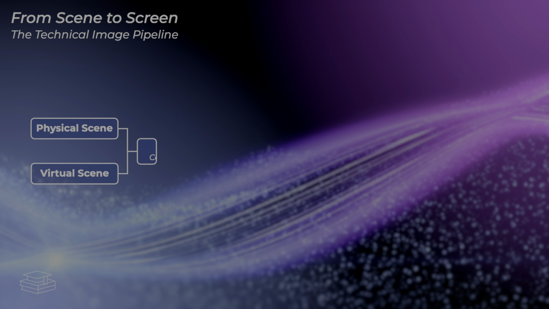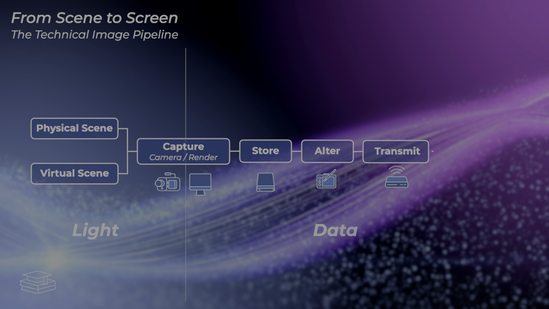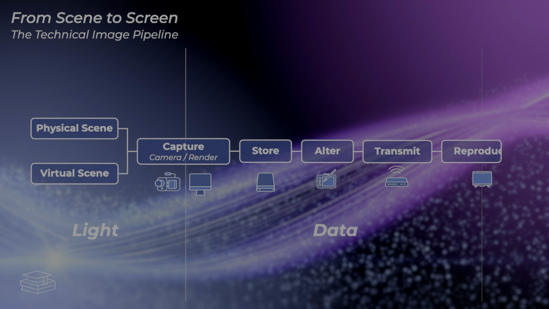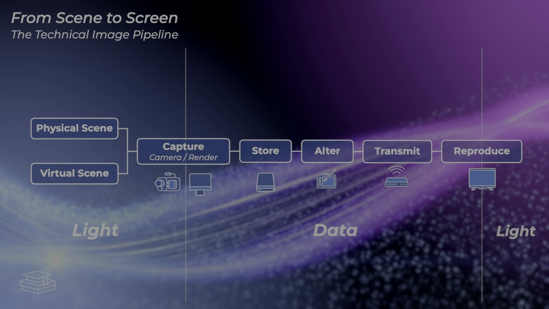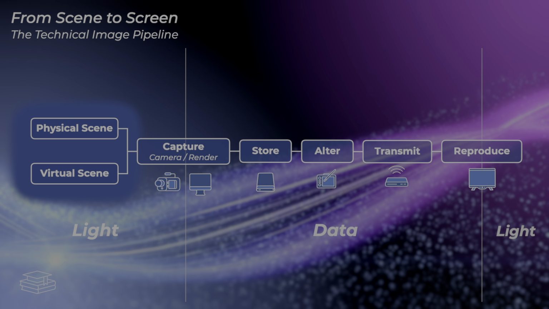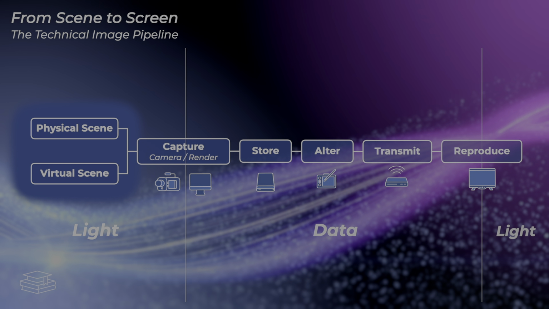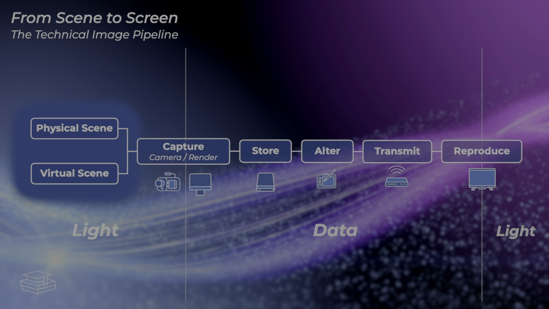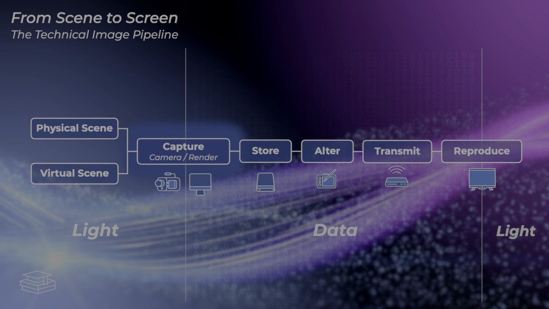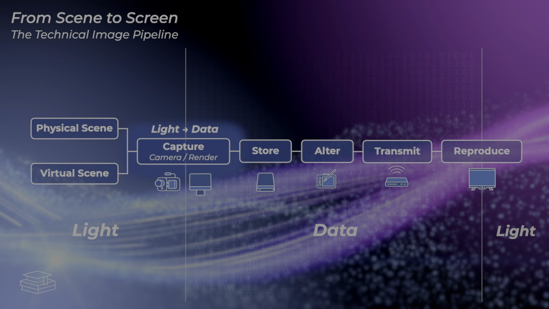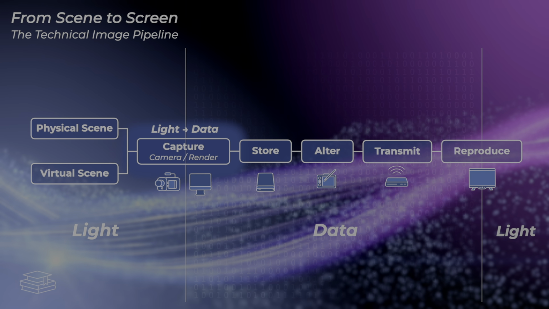This diagram illustrates the scene-to-screen technical image pipeline. We start with light landing on a physical or virtual scene. We capture that light with a camera or render the digital scene with a virtual camera to map the scene's light into digital data, the ones and zeros that make up our video files.